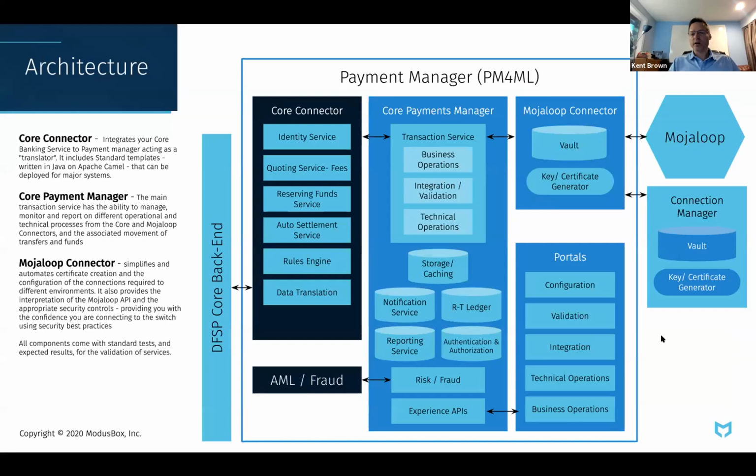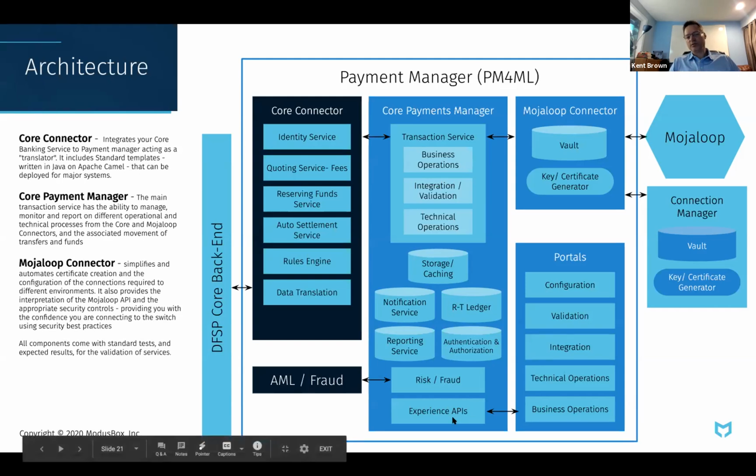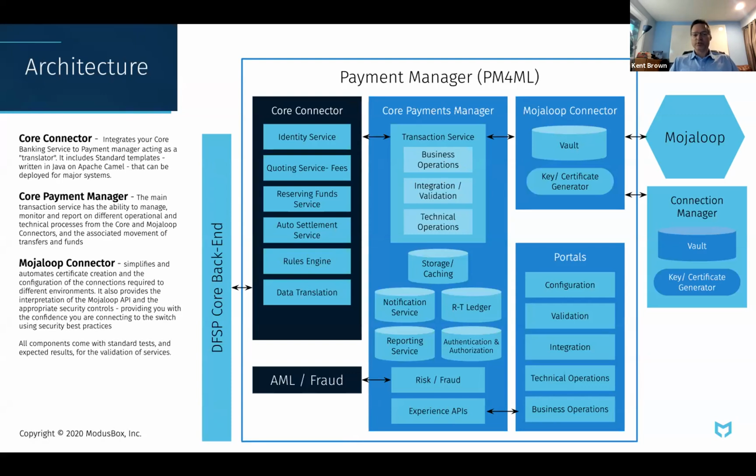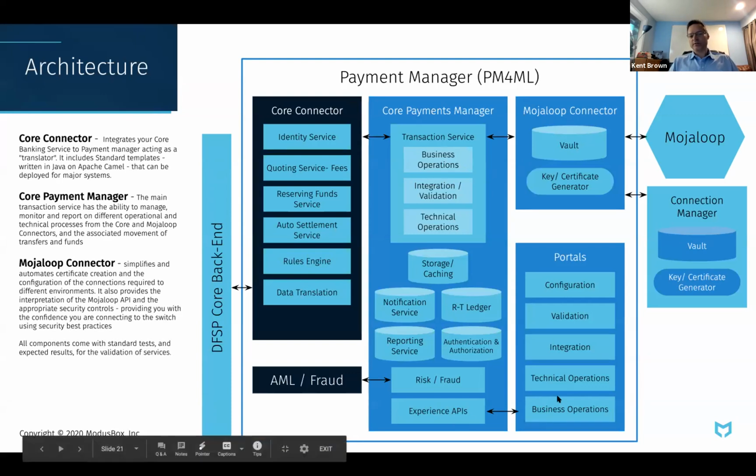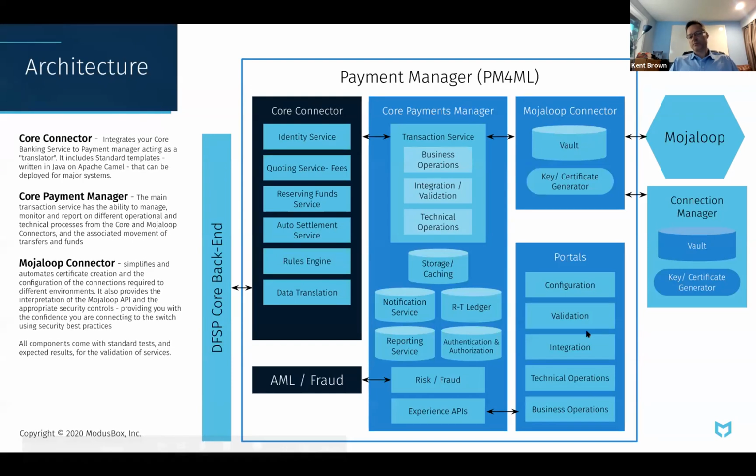Sort of just expanding out a little bit. So we've got the Mojaloop connector bringing in secure messages. The portals, I'll show that in a second. That's obviously the piece. And so there are some experience APIs, as things are flowing through the system, to be able to visualize both technical and business operations. And if there are tweaks or validation and testing, like the test components that we talked about, those could be there.